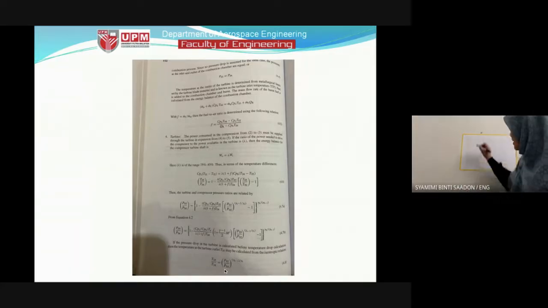So TO5 over TO4 equals to PO5 over PO4 to the power of gamma minus 1 over gamma, because expansion is the opposite of the compression.